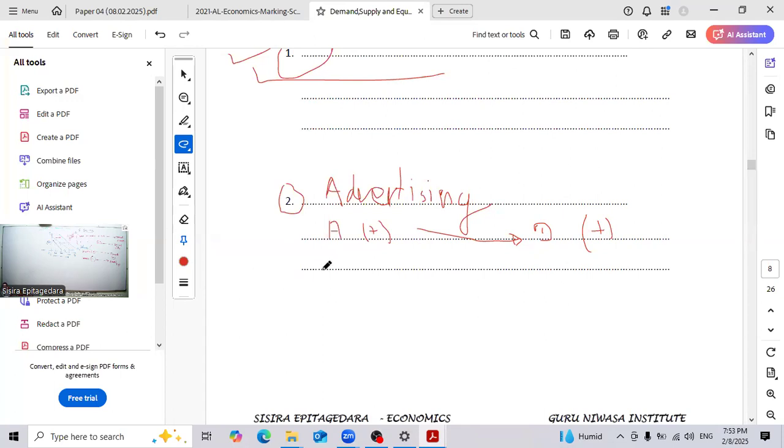Then if firms spend less money on advertising, assume firms don't like to spend more money on advertising, what happens to demand?